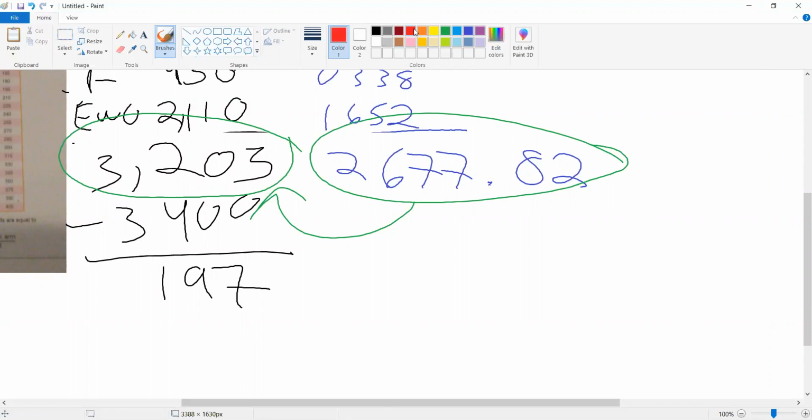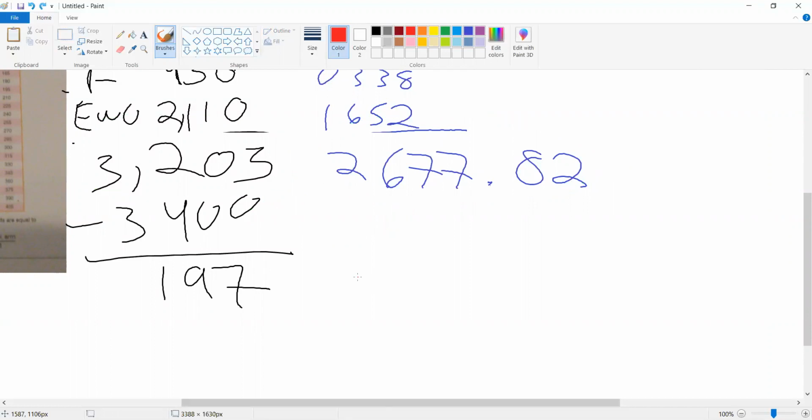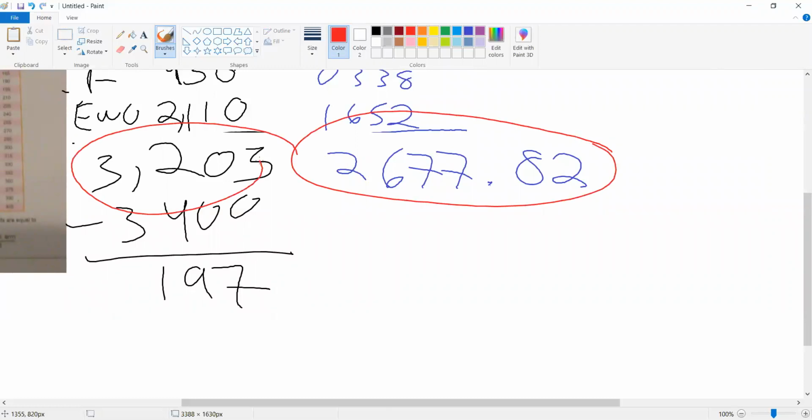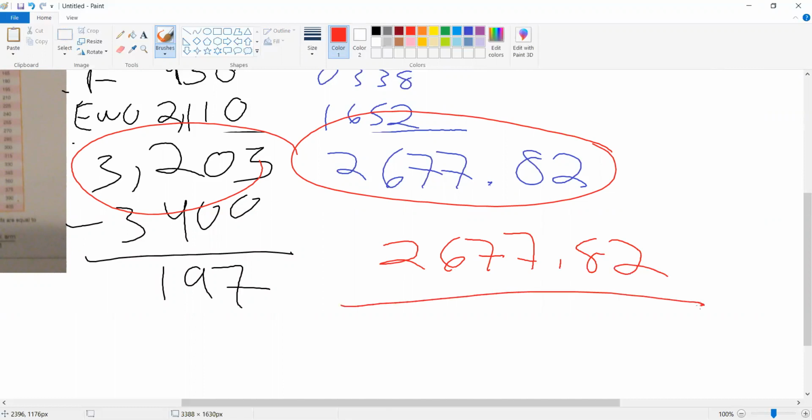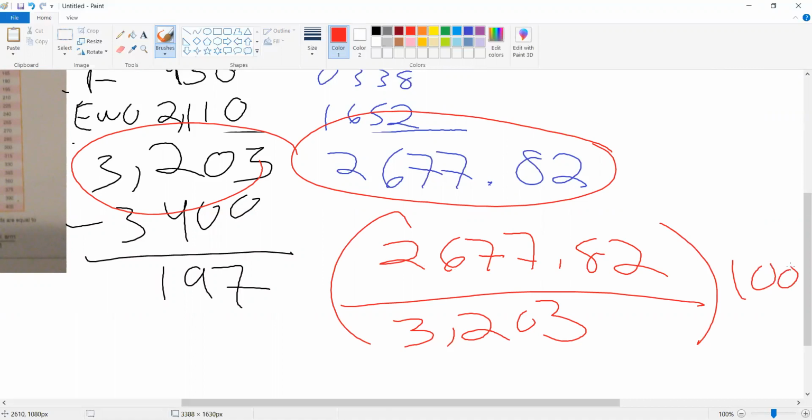So we have these two numbers: 2,670.82 over 3,203, and this times 100, because we're doing the weight.